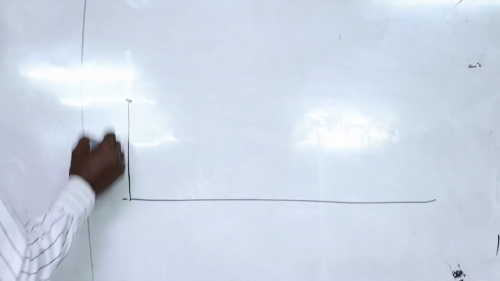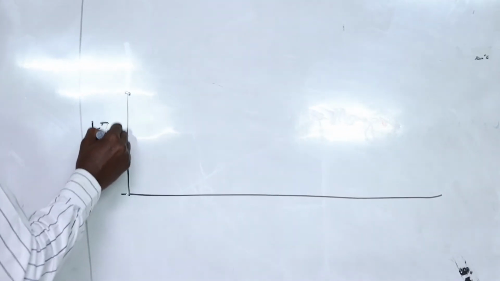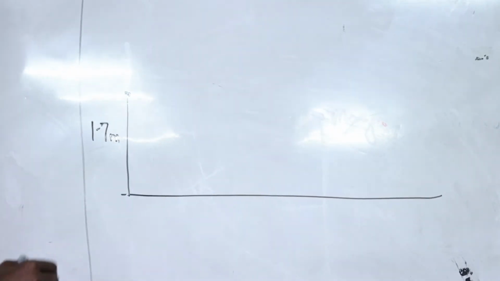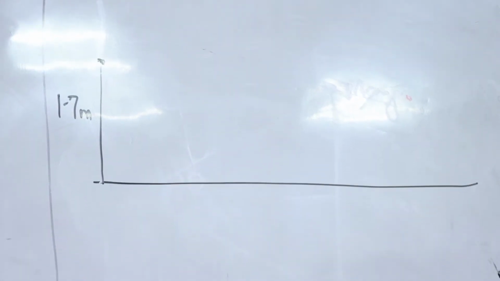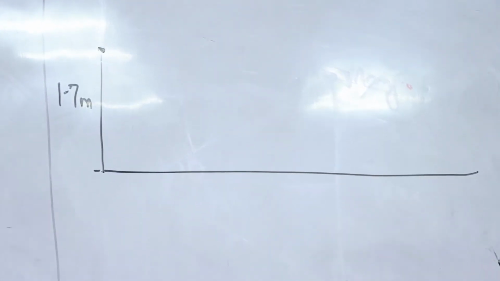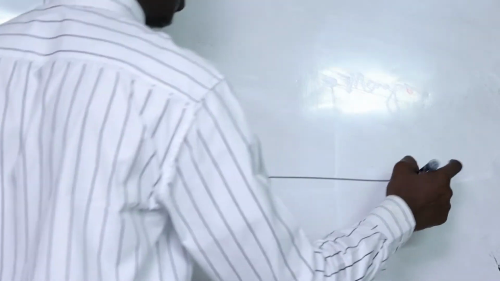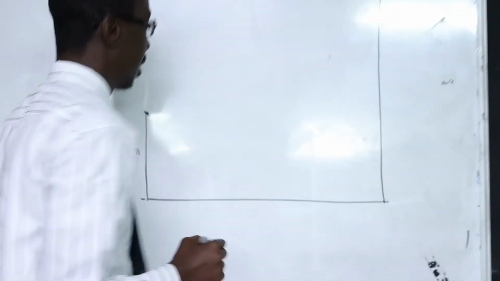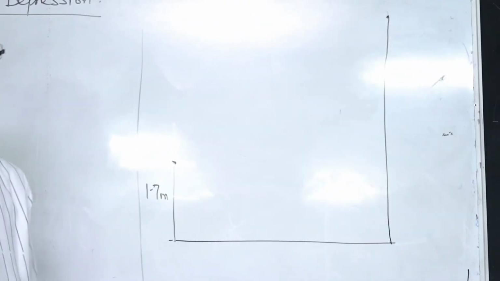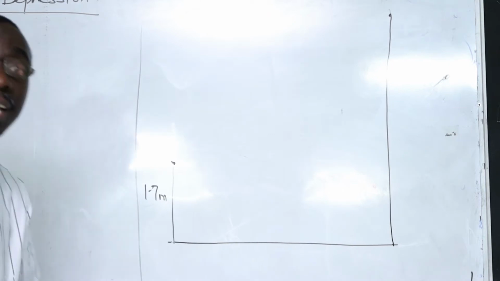I want to assume this is my 1.7 meters. Are we together? Yes, that is the man. Observe the angle of elevation of the tip of the tower to be 35 degrees. Okay, that means there is a tower. That is my tower. A tower is a very tall building. The man is standing on the ground floor.